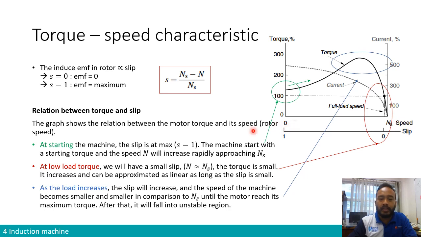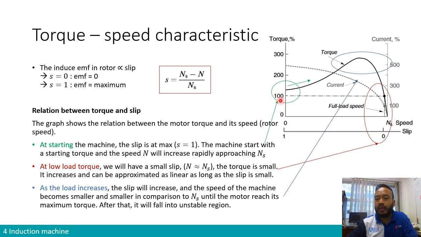Okay, so in the graph, we have two curves. The first one, in clear line, is the graph of torque, in percentage, and then we have the graph of current, also in percentage. So what does this percentage mean? This percentage is normalized to the percentage of the full load.